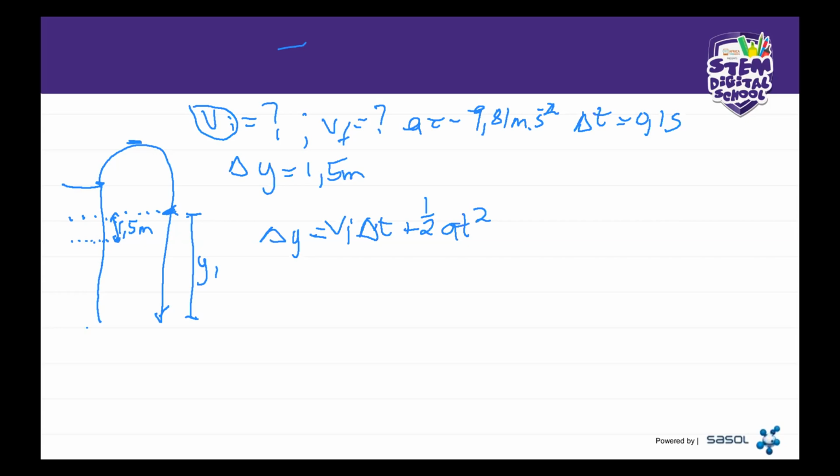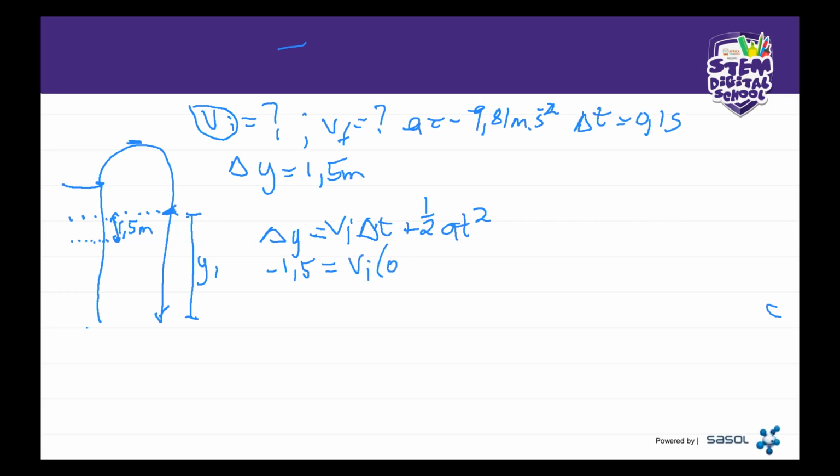So we know here that it's minus 1.5 meters, right? Remember, we chose our upwards as positive. So if our upwards is positive, this one is going down. So going down will be a minus 1.5. And we're looking for the vi.